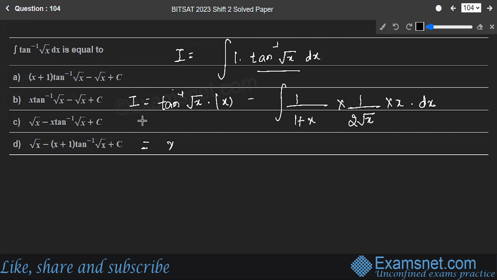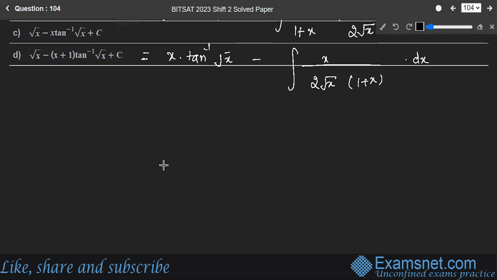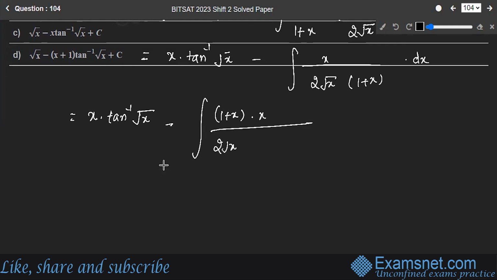So this is equal to x into tangent inverse root x minus integral of x upon 2 root x into (1 plus x) dx.